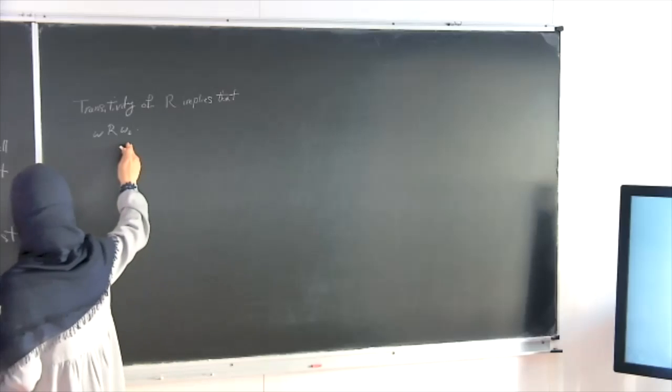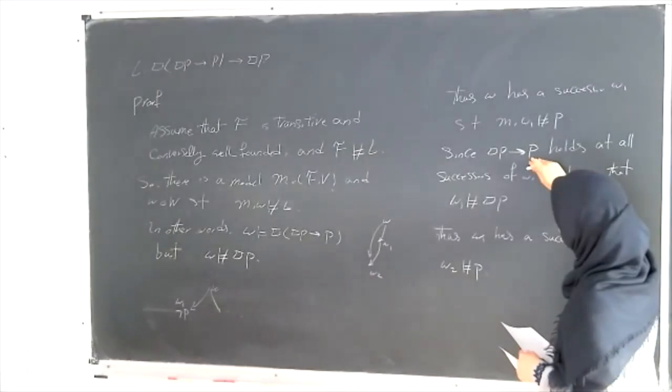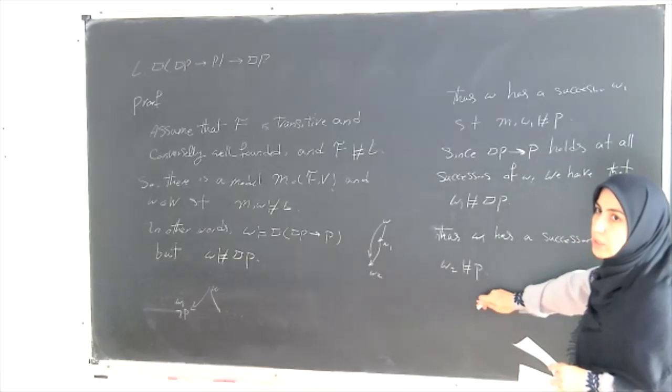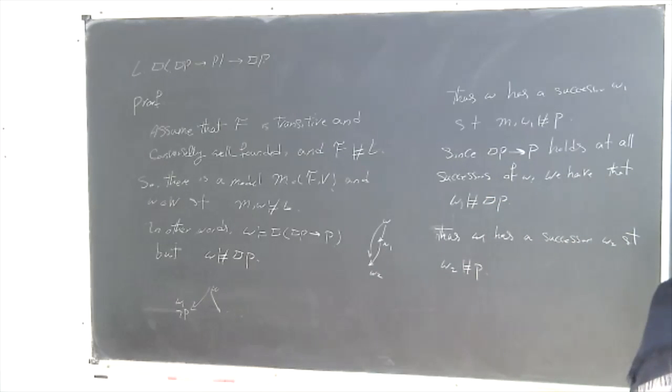Again, W2 is a successor of W, so box P then P is true in W2. P is not true in W2, then box P is not true in W2, and again we can continue this argument.